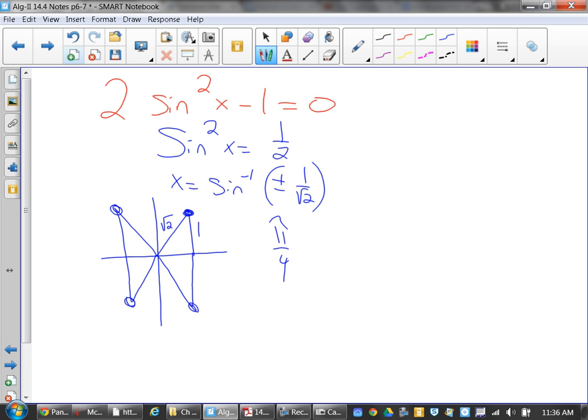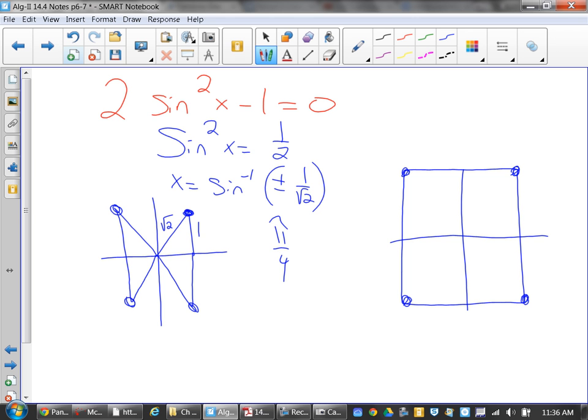So if you have something placed in a quadrant and all the ordered pairs are the same, but their signs alternate, what do we know about all their sides? They're equal. They're all equidistant. They form a square, and the reason they're pi over 4 is because you get right angles, because they're horizontal and vertical.